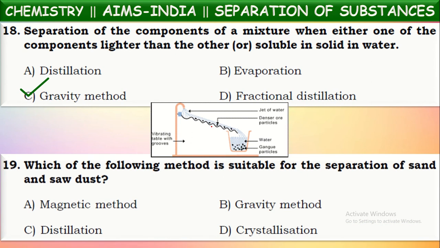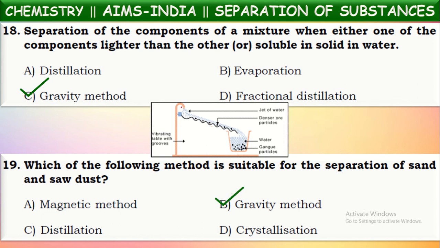Which of the following methods is suitable for separation of sand and sawdust? See, if you observe the mixture, sand and sawdust, we know sand is a heavier material than sawdust, isn't it? So if a mixture contains one heavier component and another lighter component, then those two can be separated by using the gravity method.